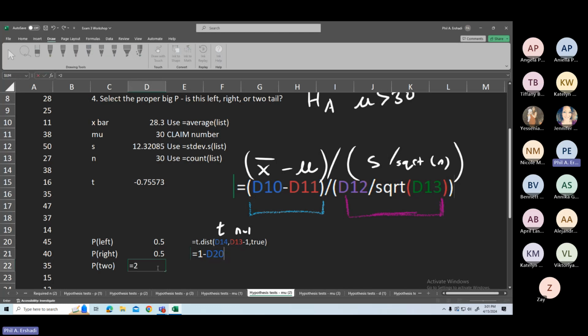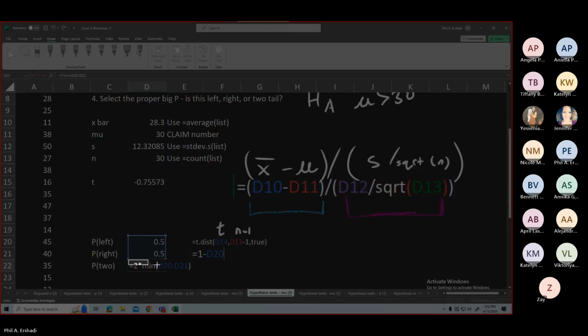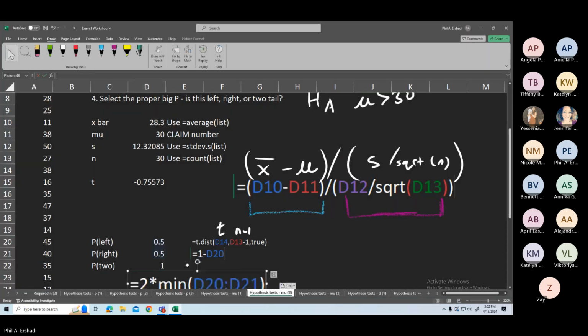And then for the two tail, you can still just reuse the same formula, 2 times min of both of those. The reason I'm presenting it this way is that it's fewer things you have to remember. Finding the right tail from the left tail is always the same thing, and finding the two tail, if you know the others, is still always the same thing. So really the only difference is that we're using t dist rather than norm s dist. And I'll just put the formulas right there for you.